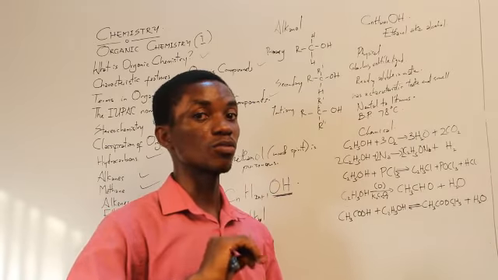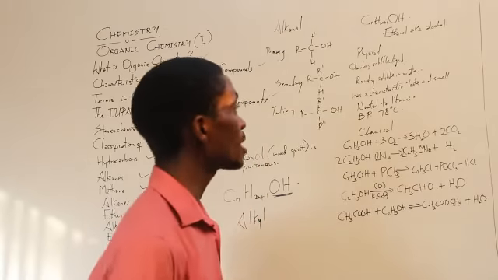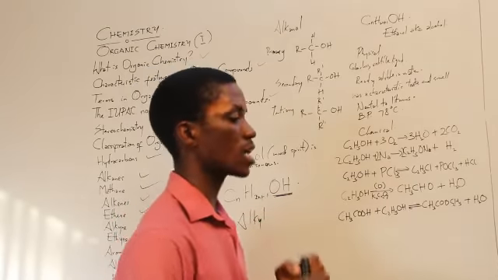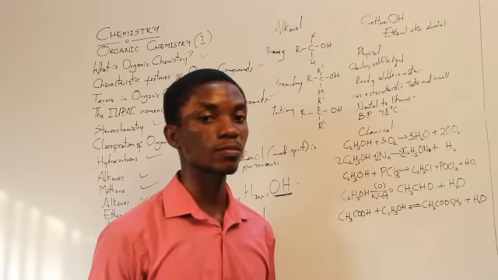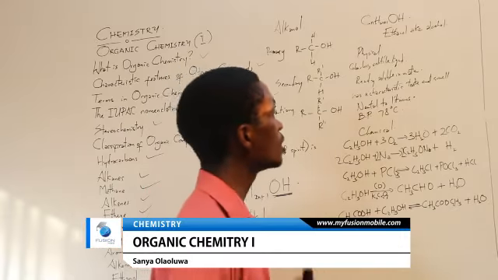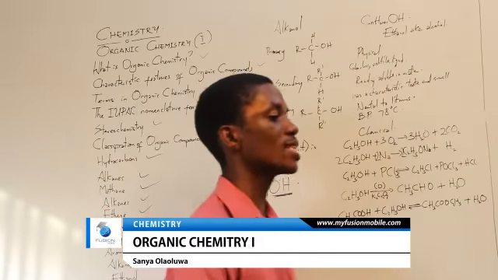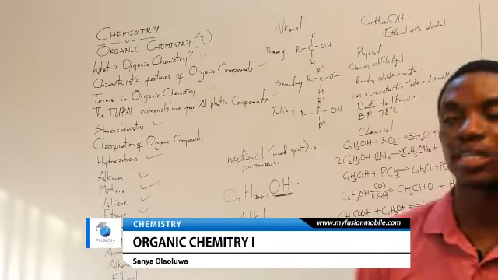That's why you say it is volatile. Also, it has a characteristic taste and smell, and it is neutral to litmus. It has a boiling point of 78 degrees centigrade.